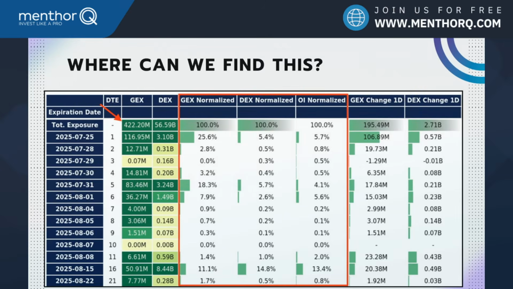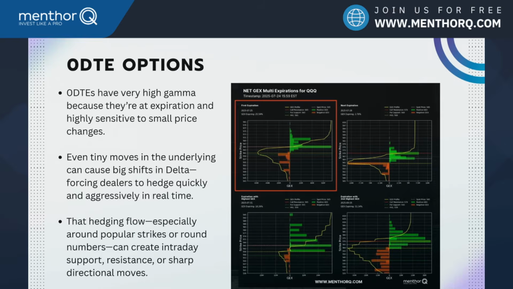So next, we're going to look at zero DTE options. These are also available within the platform. What we see here is one of our models, our NetJax multi-expirations, and on the top left, you see the zero DTE flow. This is just looking at options expiring on the same day.